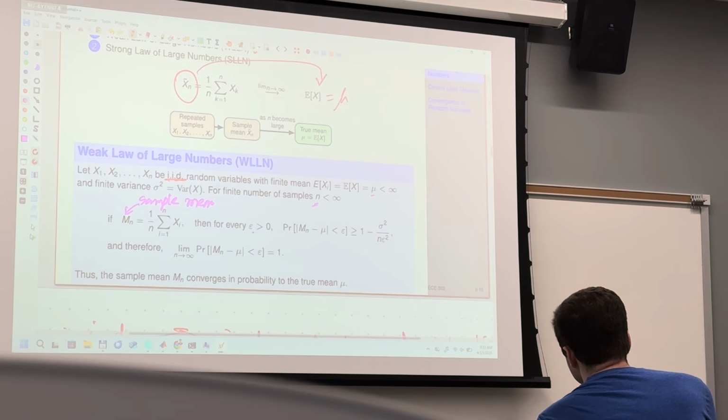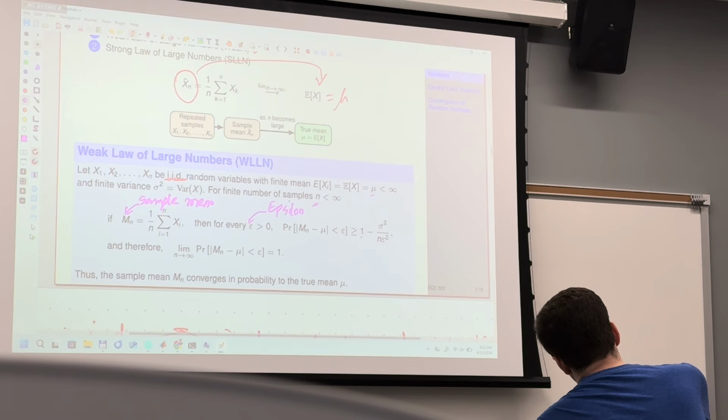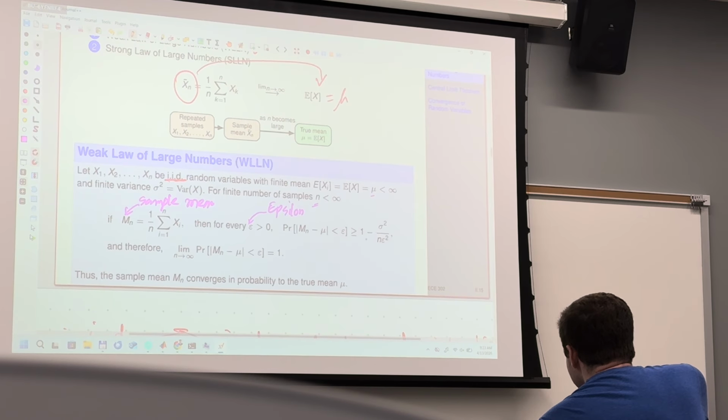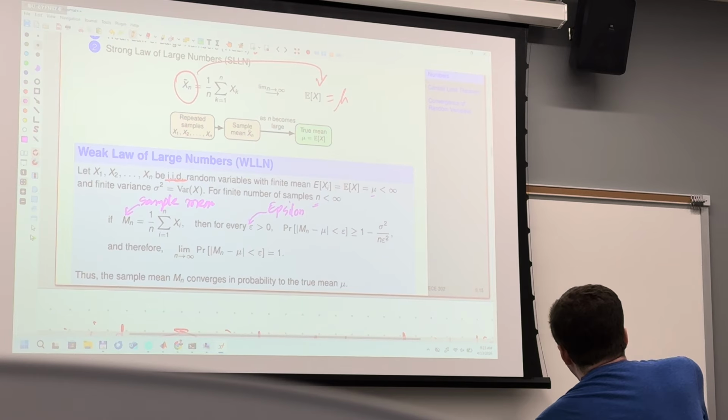Then for every epsilon greater than 0, the probability that the difference between sample mean and true mean is less than some small number is lower bounded by this condition. That's what this Chebyshev inequality is about: 1 minus sigma squared over n epsilon squared.